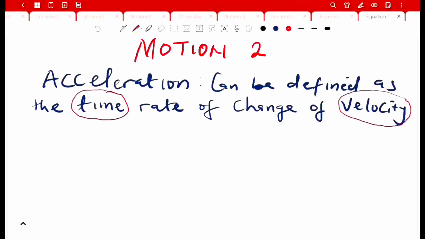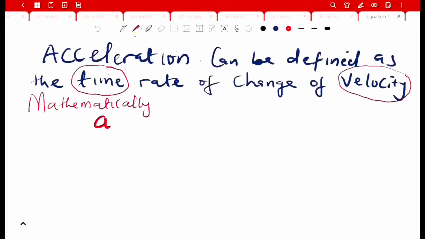Can you see these three things? So mathematically, acceleration means small letter a, right? Equals, then we have velocity, which is a change in velocity. So the whole of change in velocity is delta v divided by time, which is t.